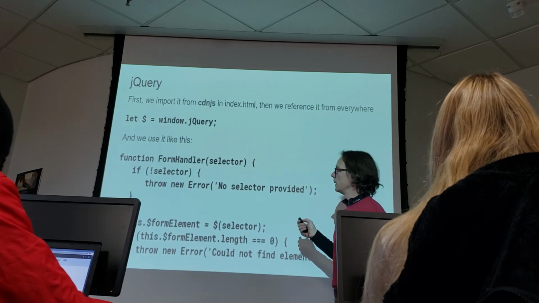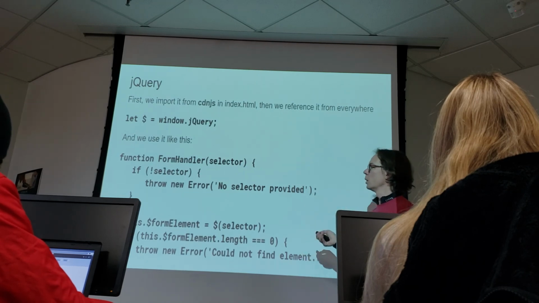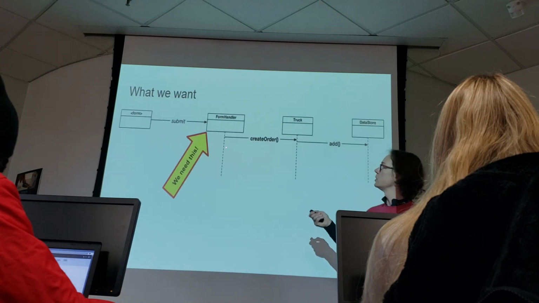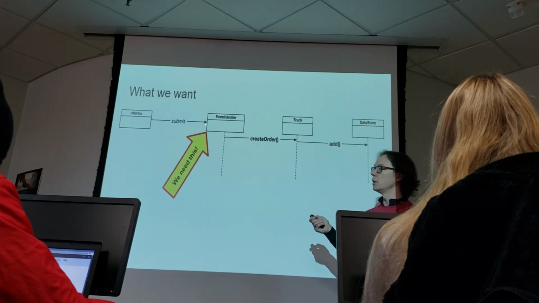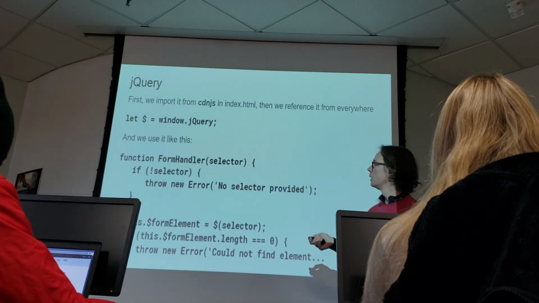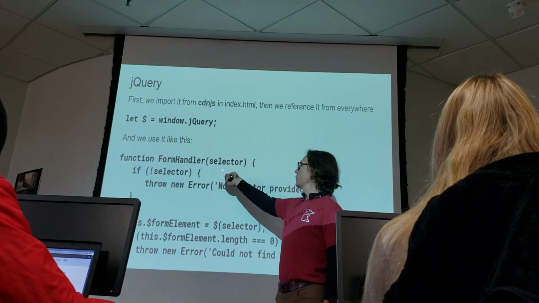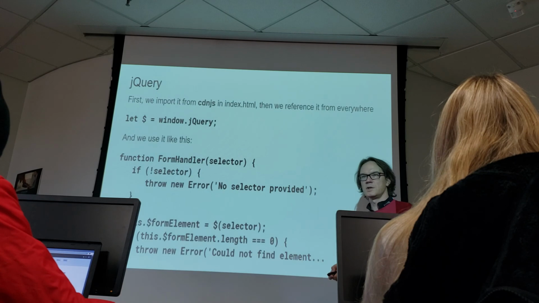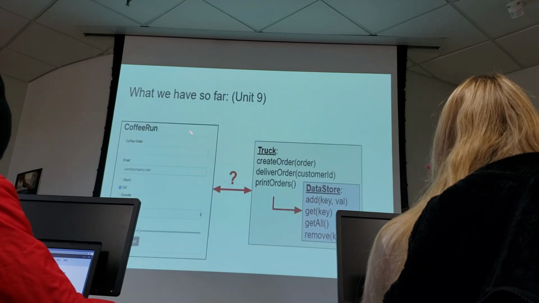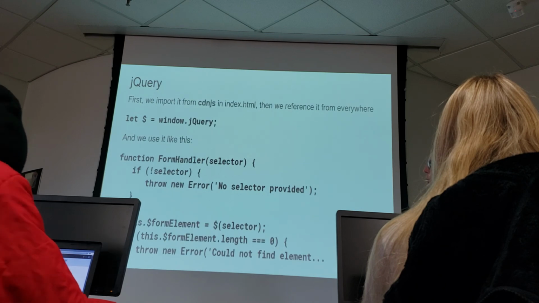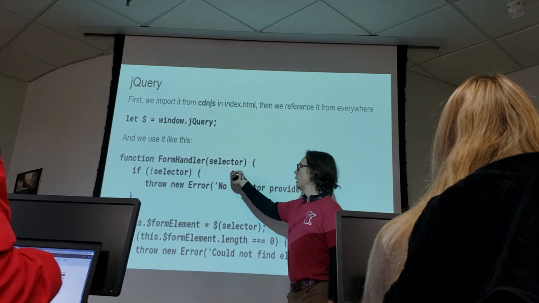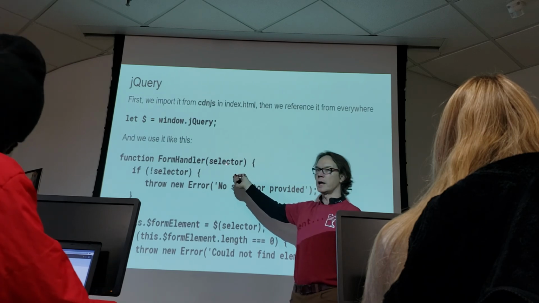So this is the way jQuery works. We're writing a function called form handler, which is this, right? We want to be able to do something when they click the button. And the selector here is the form itself. It's this, right? So we're passing in which part of the HTML file we want to look at.